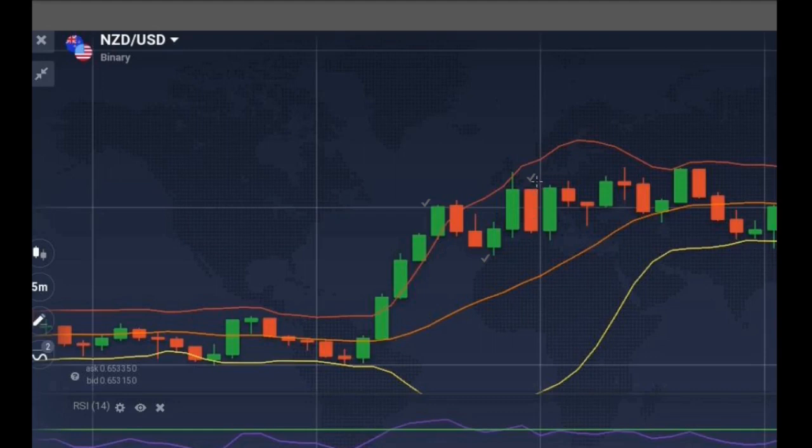Always wait for the cutback to the upper body of the confirmation candle. You can draw a line over here, and as soon as price retraces and cuts back, look at the green candle.